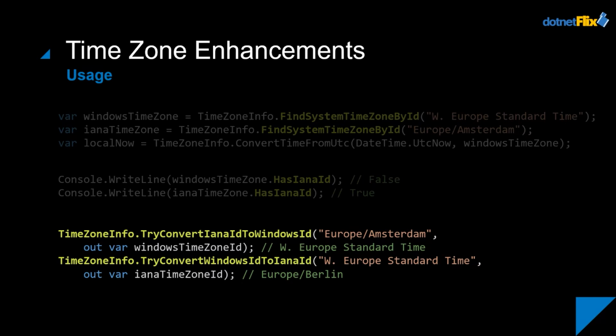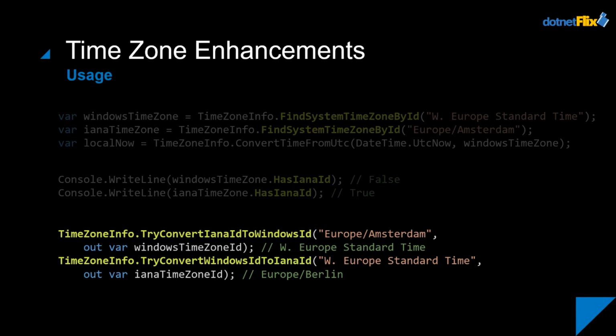And this is also where it gets a little bit interesting, because here you can see that there's not really a one-to-one conversion available all the time. For example, if I try to convert Europe/Amsterdam, the IANA time zone, to a Windows equivalent, you would get back Western Europe Standard Time.